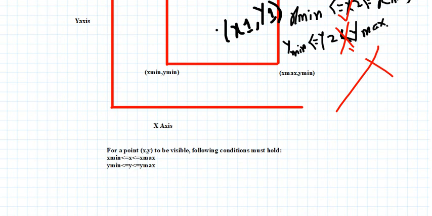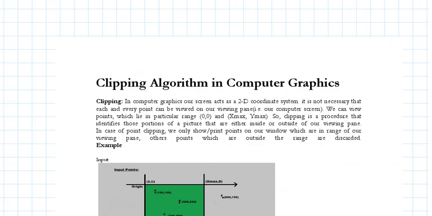Now let us again go back to the course material. Situation is not always going to be so simple that you only have to clip points. In the course of time, complex geometrical diagrams will come your way, which you have to clip.